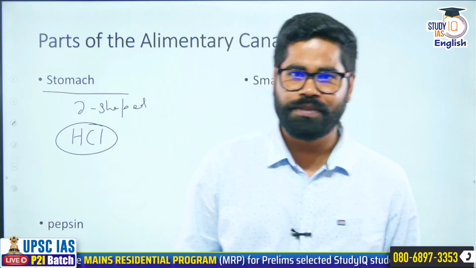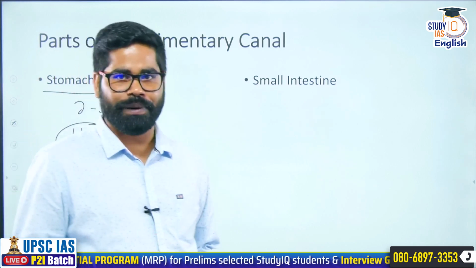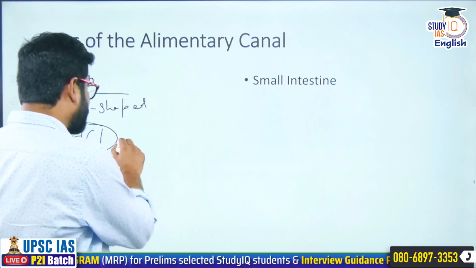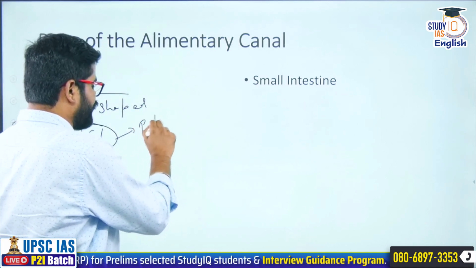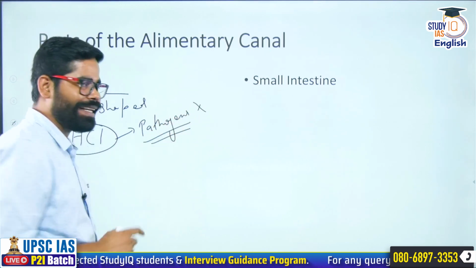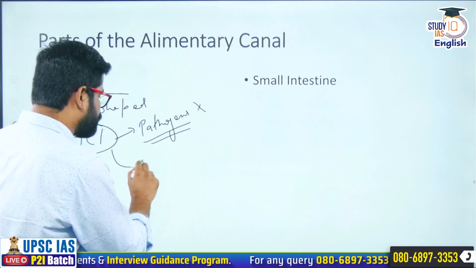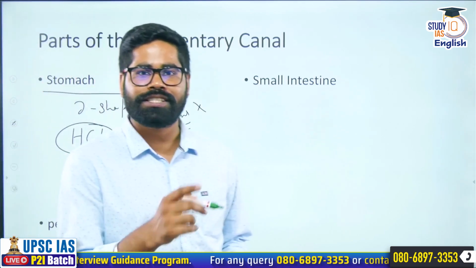And how does it help? Basically, this hydrochloric acid serves multiple purposes here. First of all, if pathogens are coming along with food from outside, they get eliminated. Then it also helps in dissolving the various chemical bonds in the food.